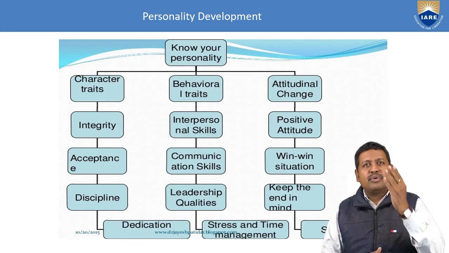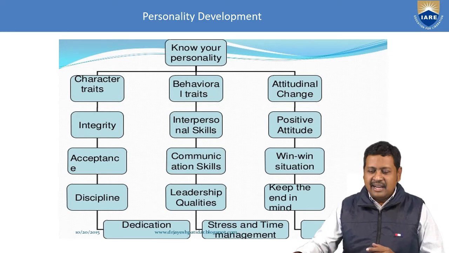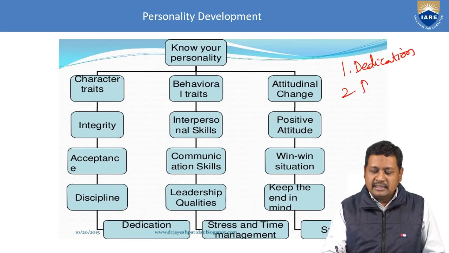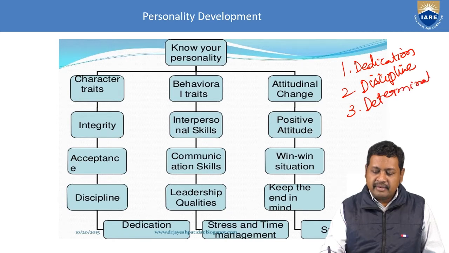I usually teach 4 Ds to my students. Let me write them here. The first one is dedication. The second one is discipline. The third one, determination. And the fourth one is duty-mindedness.